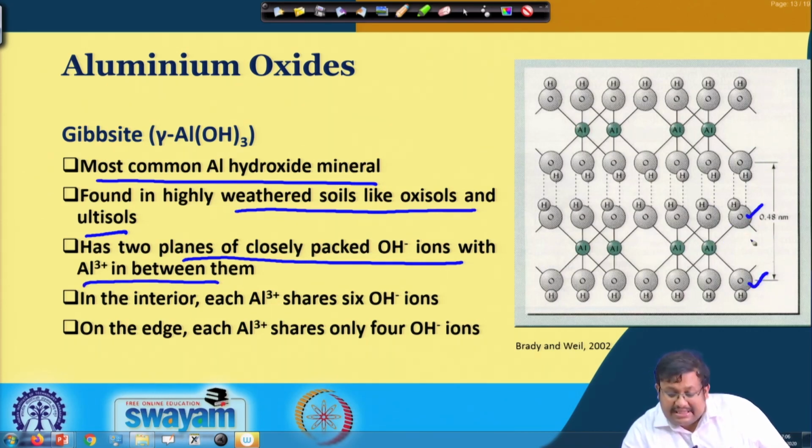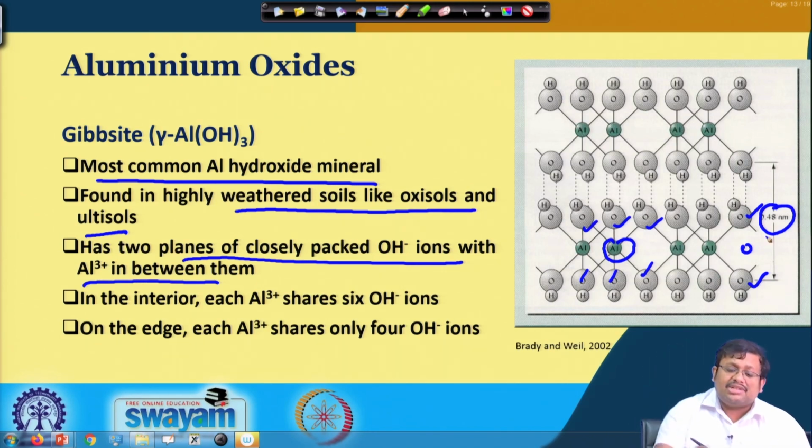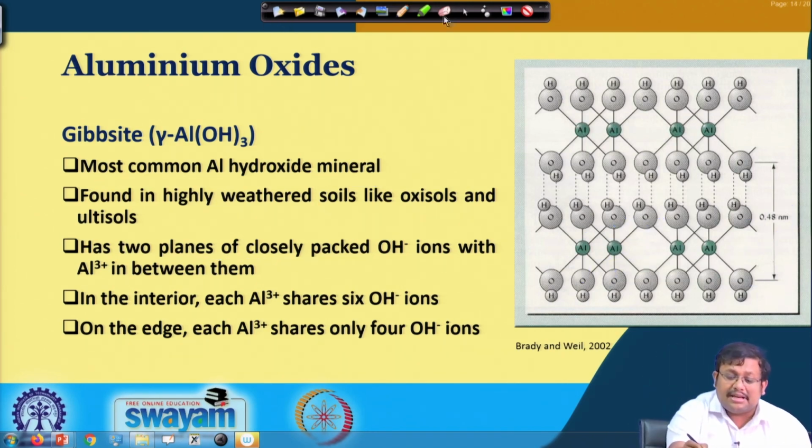It is a dioctahedral kind of structure, and the d spacing is 0.48 nanometer. In the interior, these aluminums are shared with 6 hydroxyl ions in the interlayer. However, those aluminums present at the edge are shared with only 4 hydroxyl ions. So, this is the structure of aluminum hydroxide, or gibbsite.